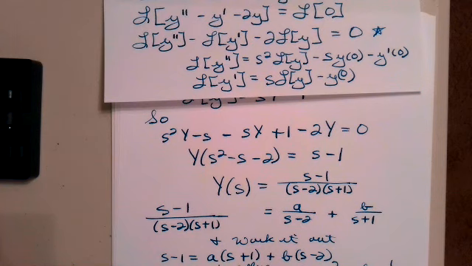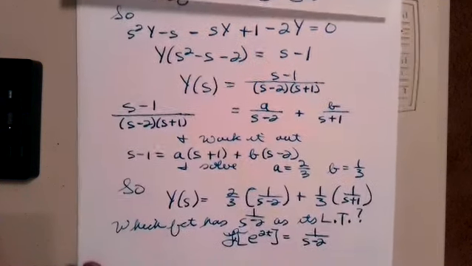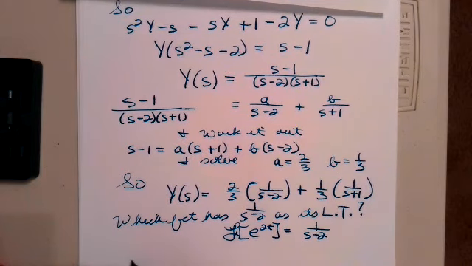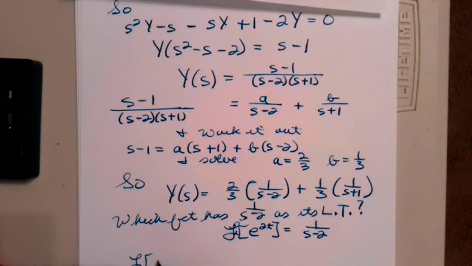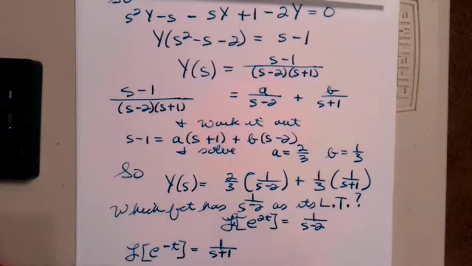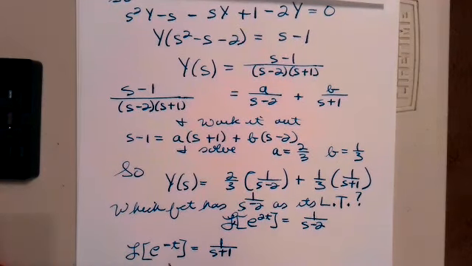So e to the 2t: the Laplace transform of that is 1 over s minus 2 by what we did before. Whoops, I'm sorry, you can't see that. And likewise, which function has the Laplace transform 1 over s plus 1? e to the minus t, by the calculation we did earlier, would have 1 over s minus a with a equal to minus 1, so that would be that.